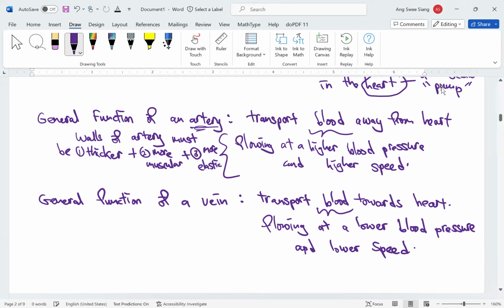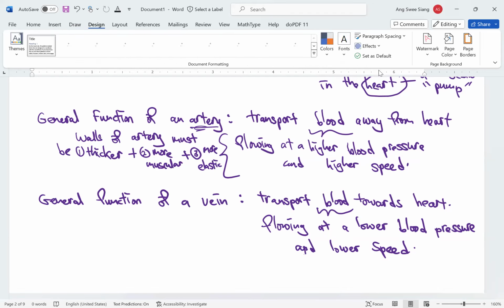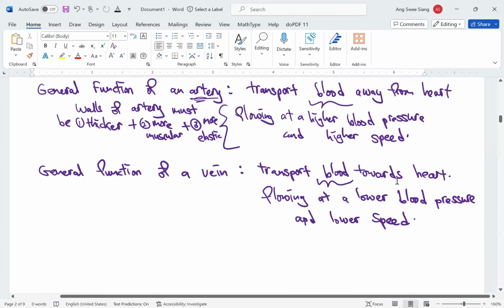Now for the vein, the general function is to transport blood towards the heart.